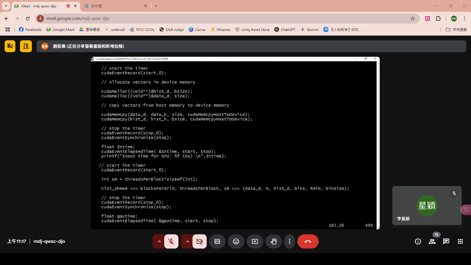The idea is to use the shared memory of each block, and then put the histogram of the block from the shared memory to the global memory.